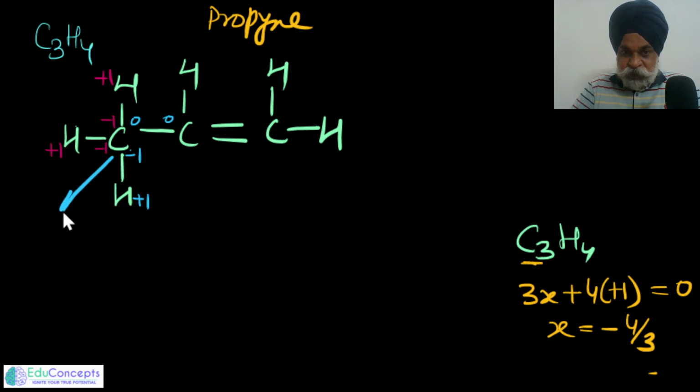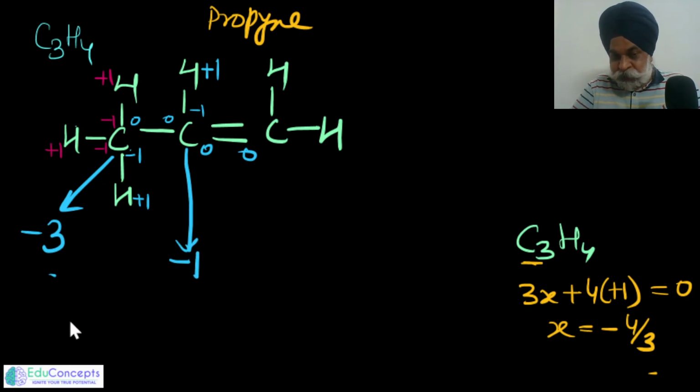So this carbon has -3 oxidation state. Coming to this one, from here it is +1, this is -1, and from here it is 0, 0. So this carbon is in the oxidation state -1. Am I making sense? Yes, it is perfectly right.